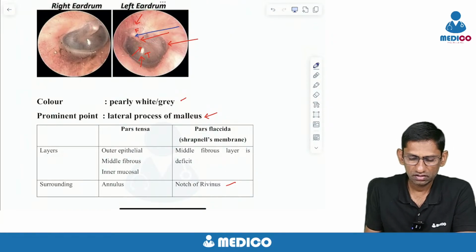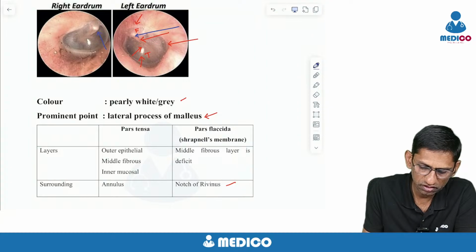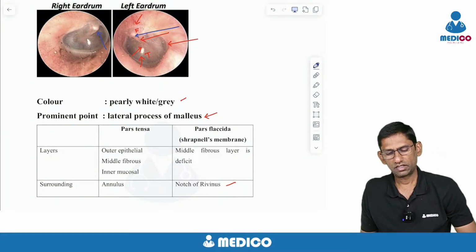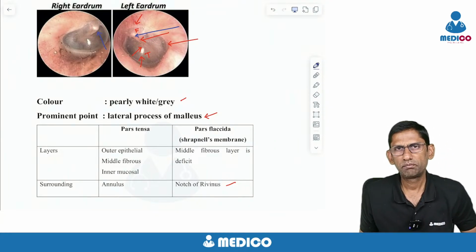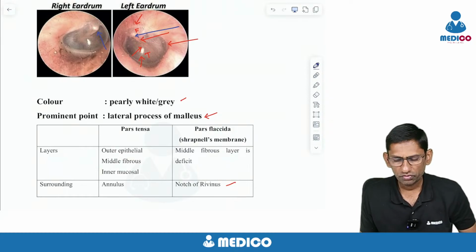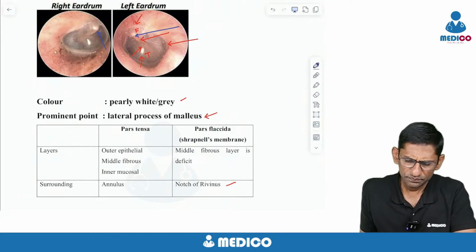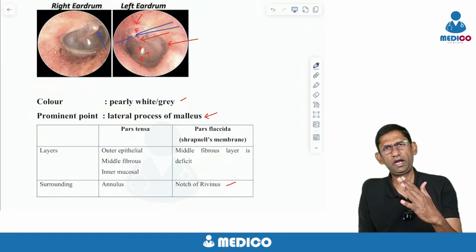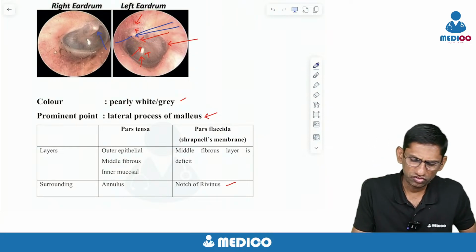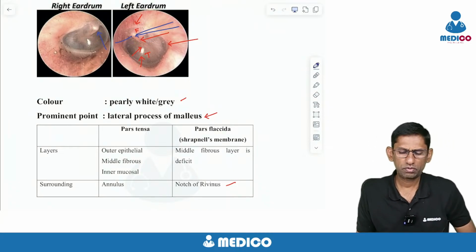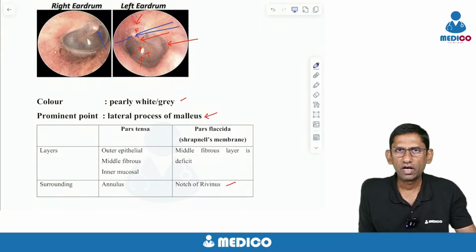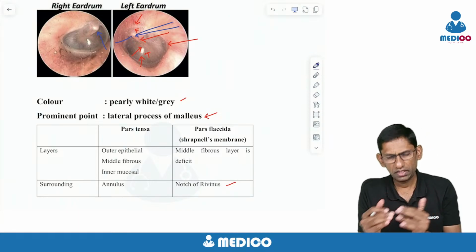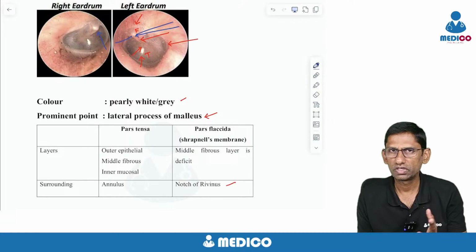See this point in both these pictures. The prominent point of the malleus is called the lateral process of the malleus. Very simply, the structure beneath this lateral process of the malleus is pars tensa, and the structure above it is pars flaccida. That's quite important. So beneath is pars tensa and above is pars flaccida.